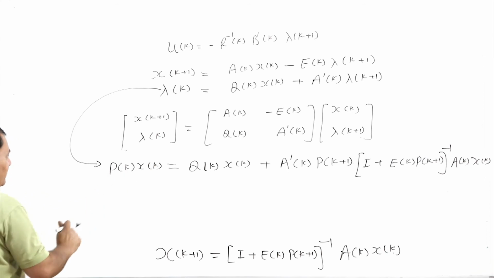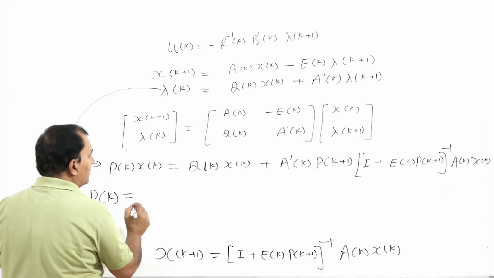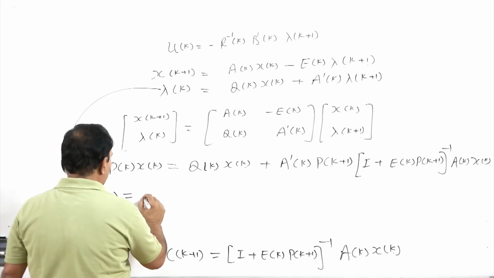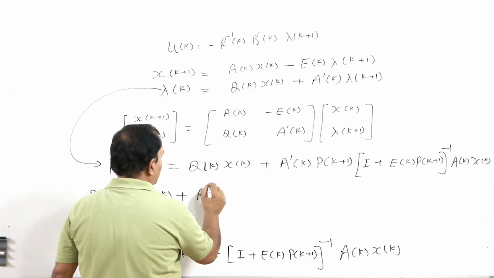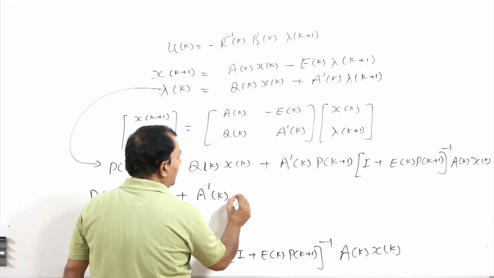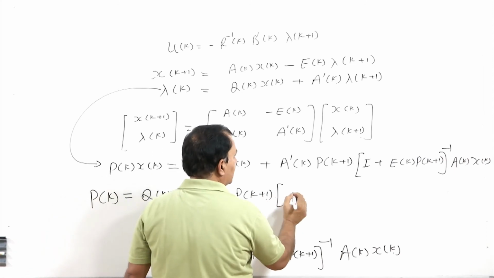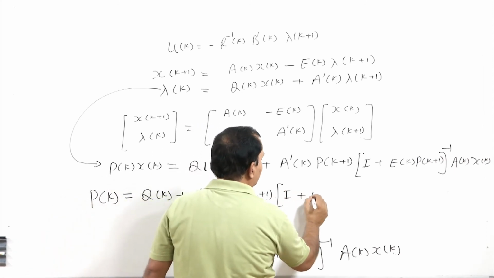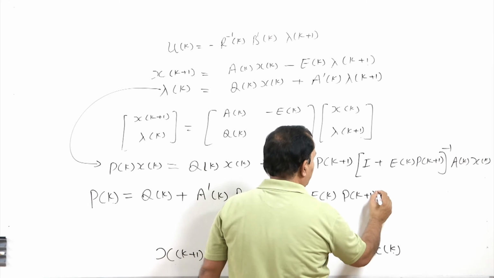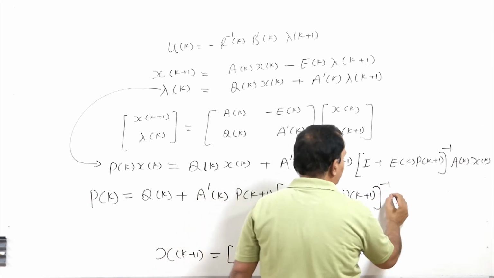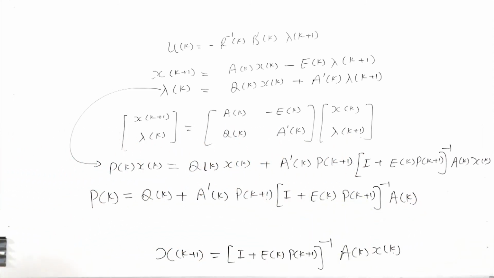So, I can eliminate xk from this equation to get pk equals qk plus A transpose k pk plus 1 (I plus ek pk plus 1) whole inverse ak. xk is eliminated.